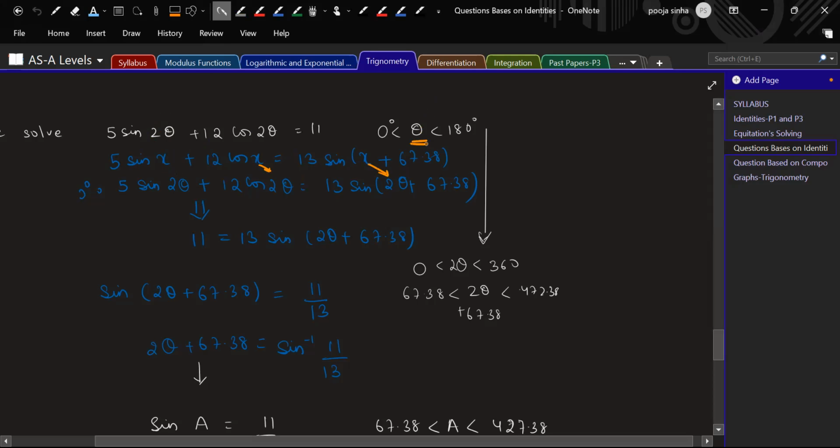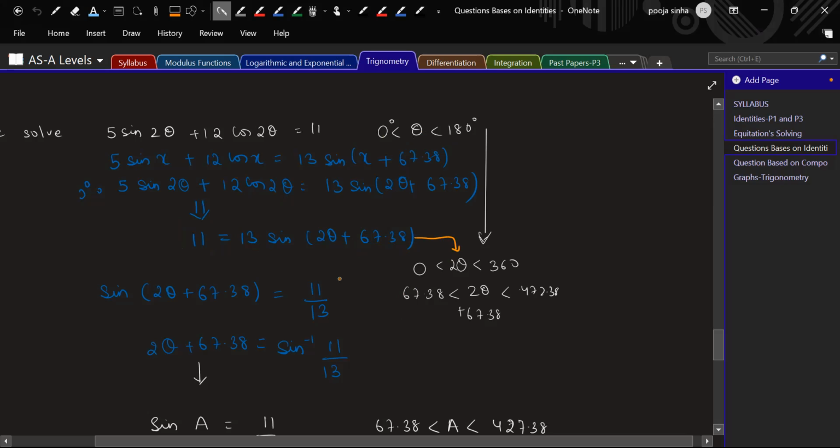And the range is given for theta. So this part given in the question is equal to 11, that's equal to 13 times sine 2 theta plus 67.38. Correct? But look at the domain which is given, 0 degree to 180 degree, which is not matching this. So we need to make the changes.